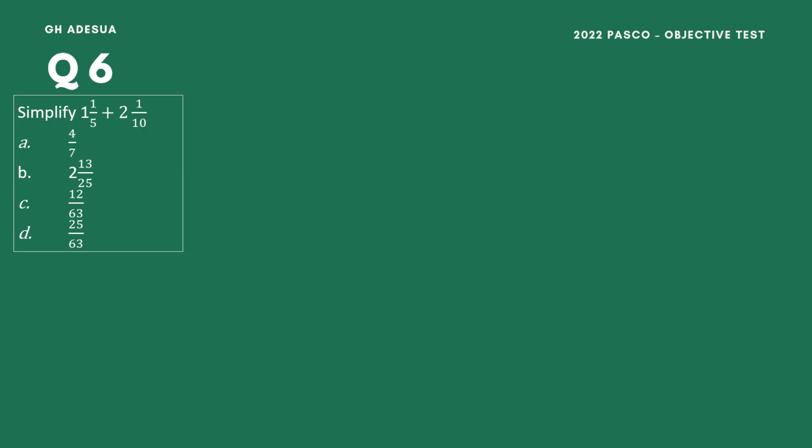In this, we have our solution. So we have 1 whole number 1 over 5 divided by 2 whole number 1 over 10.